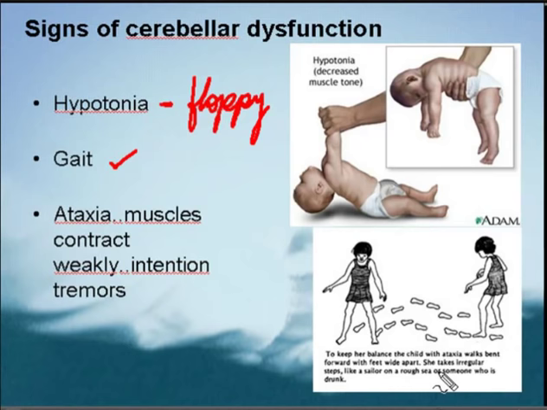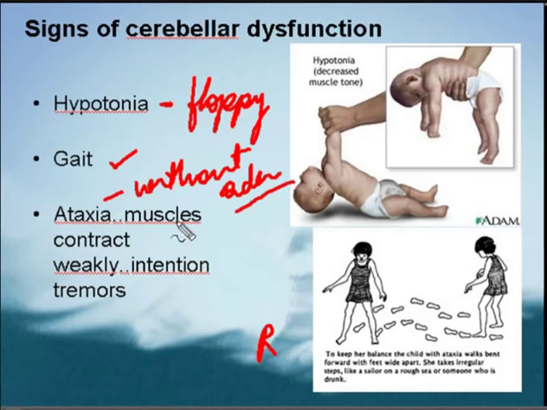Then we have ataxia. The meaning of ataxia is that there is no coordination, or without order. And the muscles contract extremely weakly. They're weak in their contraction. The person has tremors when you ask them to do something. When fine movements are attempted, you see that there is shaking, which is known as tremors, such as when they button their clothes or they're shaving or they're writing.